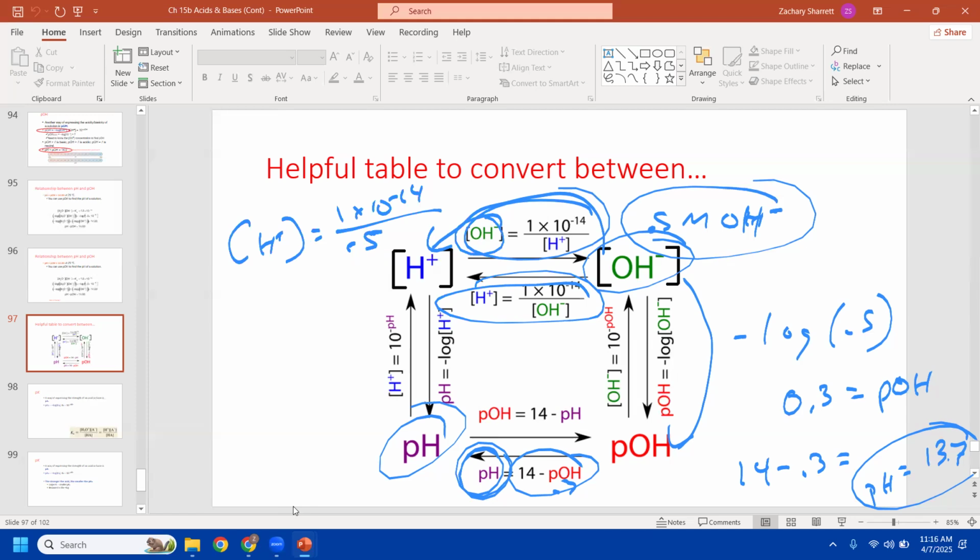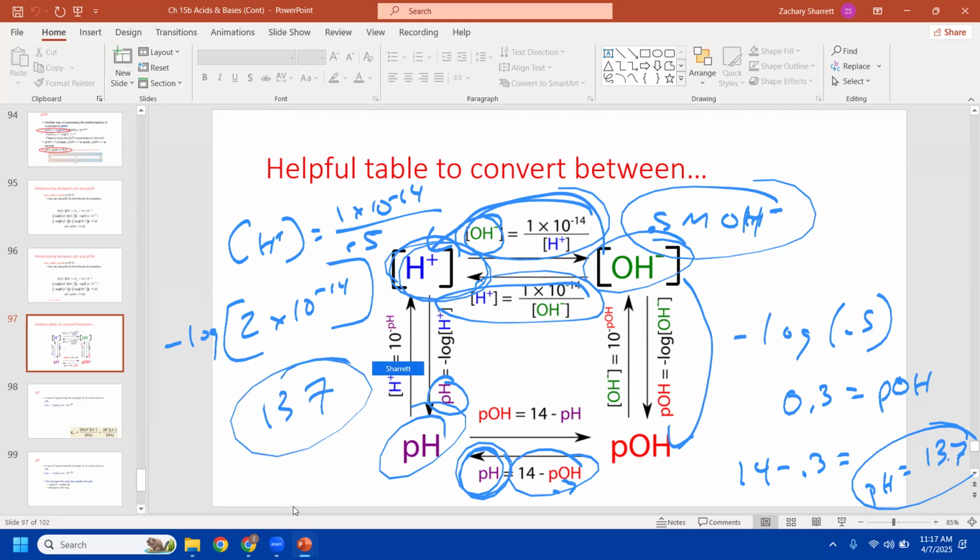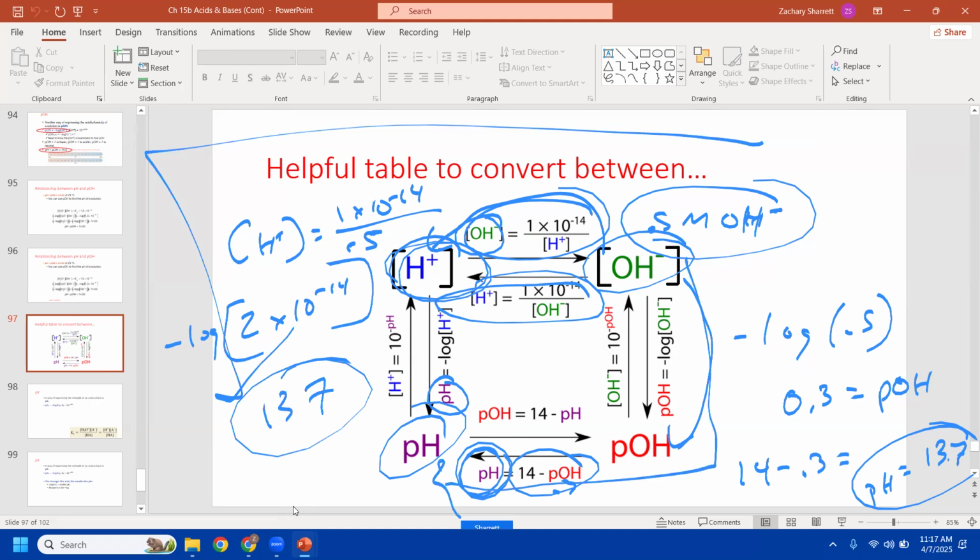What did we get? 2 times 10 to the negative 14th. And that would give us H plus. And now we can use pH equals negative log. So do negative log of 2 times 10 to the negative 14th. 13.7. So do we see that if we take this road to get here, we get 13.7, or if we take this road to get here, we get 13.7.